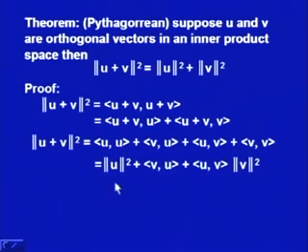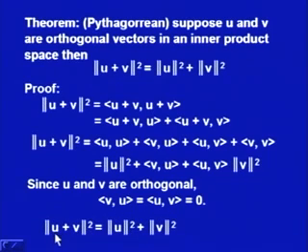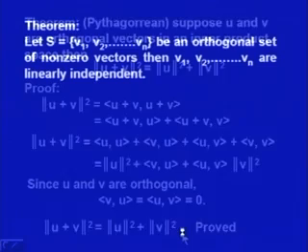This is nothing but norm of u squared plus the inner product of v and u plus the inner product of u and v, and finally plus norm of v squared. Since u and v are orthogonal, as has been given to us, v comma u is 0 and u comma v is 0, and that proves our result that the norm of u plus v squared is equal to norm of u squared plus norm of v squared. So this result is proved.